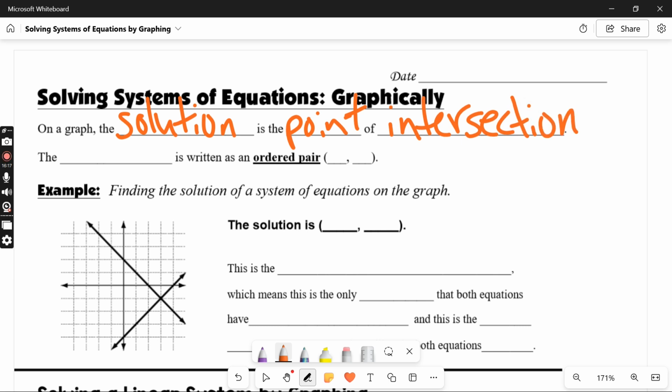The solution is written as an ordered pair x, y.